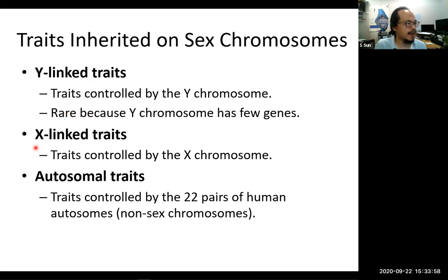We also have X-linked traits. These X-linked traits are the traits caused by the allele located on X. And in contrast, the traits coming from the autosomal chromosomes are the autosomal traits. These are controlled by the 22 pairs of human autosomes, non-sex related.